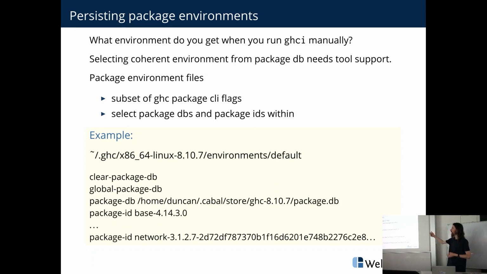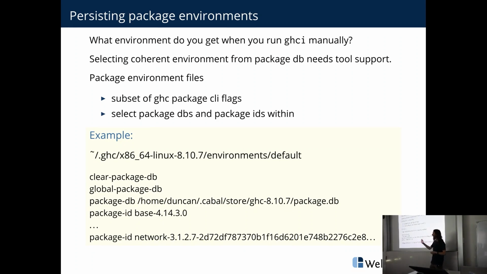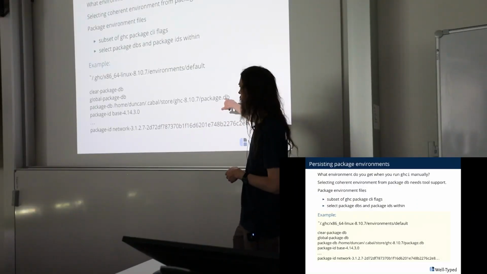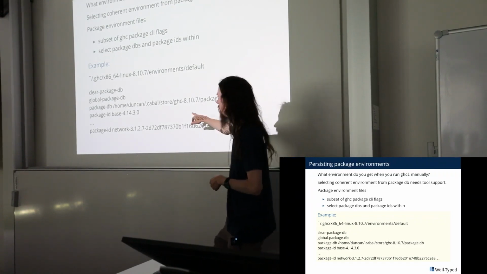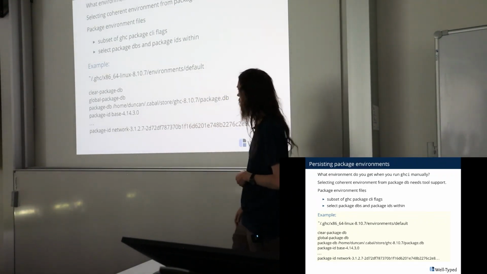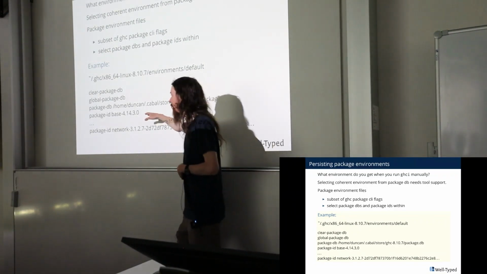So here's an example from my system. There's a .ghc, Arch, platform, etc., environments, default. And this is the contents of it. It says, clear the package database, add the global package database, add this specific package database, which is the Cabal store package database, and then a whole bunch of package IDs.